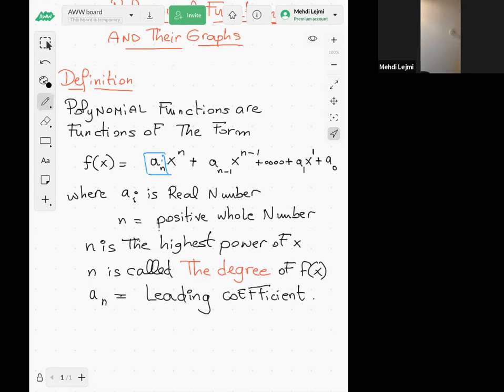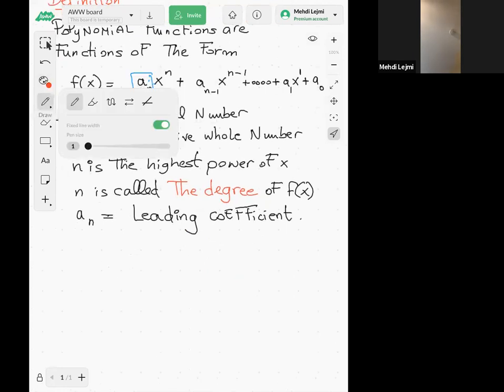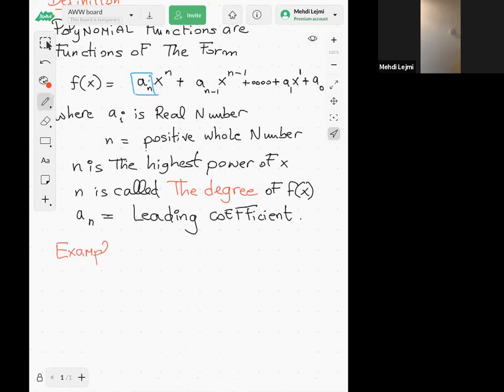Let's have a couple of examples. Let's say f of x is equal to negative 2x to the power 6 plus x to the power 5 minus 3x to the fourth plus x squared minus 2x plus 4.